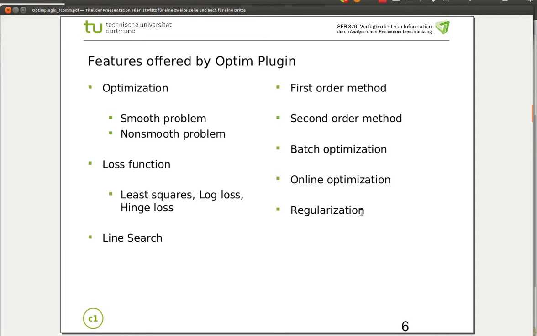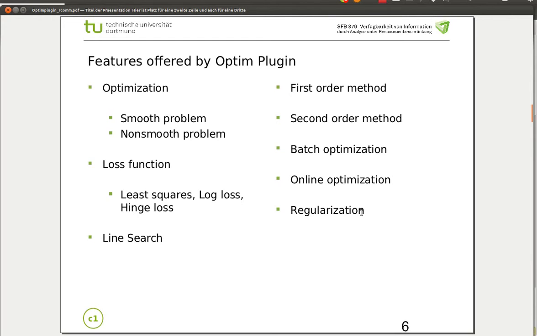First order methods, which are based on the gradients, such as gradient descent and stochastic gradient descent, and second order methods, which are based on the Hessian matrix or second order derivatives, such as Newton, are also available in the plugin. Batch algorithms such as gradient descent and online algorithms such as stochastic gradient descent and dual regularized averaging are also part of the plugin.